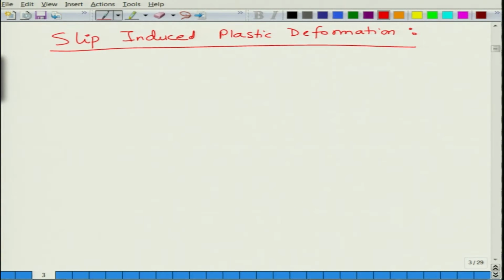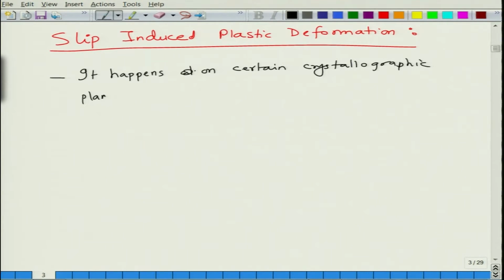What is slip induced plastic deformation? Atomically speaking, slip happens only on certain crystallographic planes and along certain crystallographic directions.